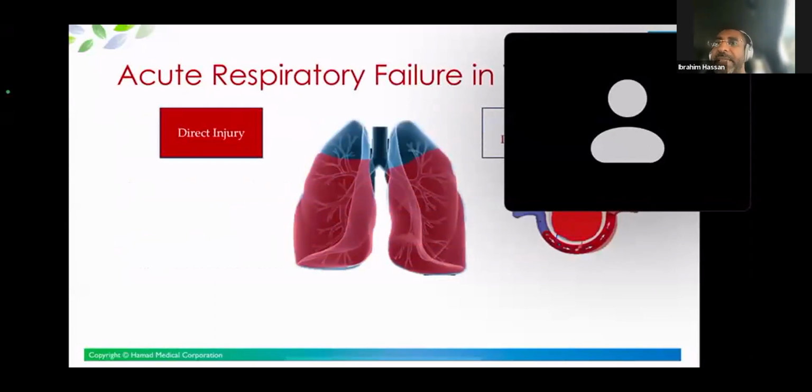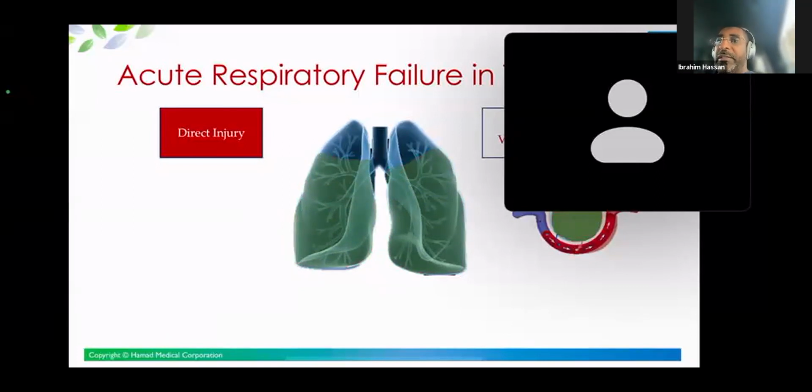If you look at the mechanism of injury for a patient with trauma, with direct injury you can have pulmonary contusion. As you can see, the alveoli are full of blood. The lung is full of blood in the airway and in the alveoli, which prevents gas exchange and gives you shunt units. The more shunt units you have, the more hypoxemia.